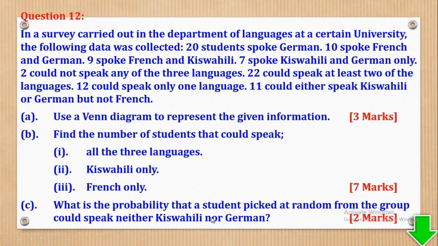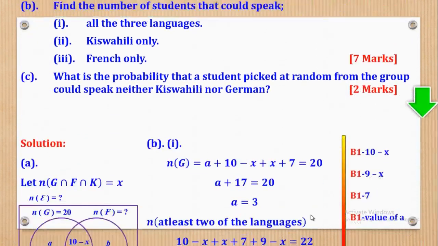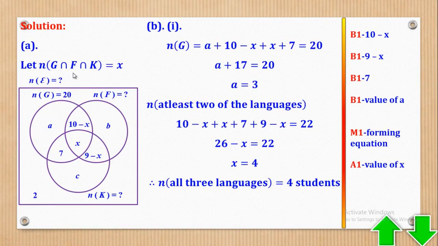Neither Swahili nor French means he doesn't speak Swahili, he doesn't speak French. So now that they have talked about probability, remember probability is equal to event over sample space. So the first thing to do is to get the total number of students. Remember here it was a question mark, it was not given. So the first thing to do is to get the total number of students, and after that we shall say event over sample space.